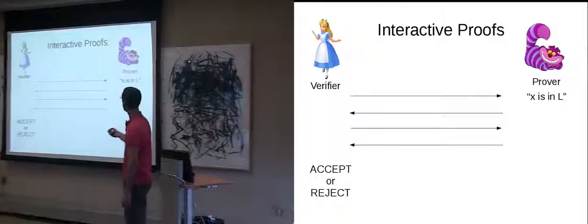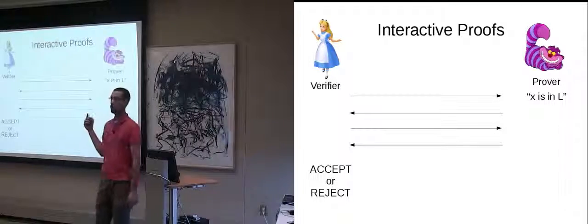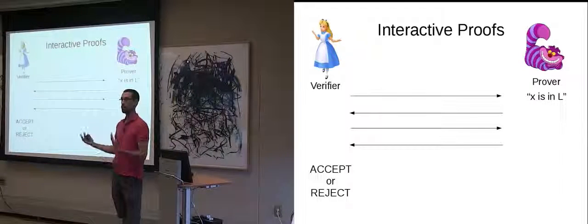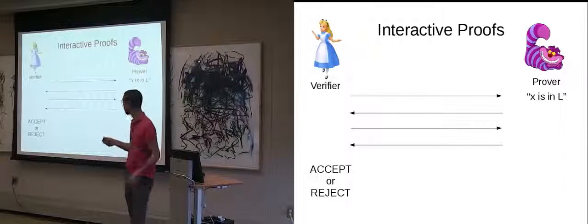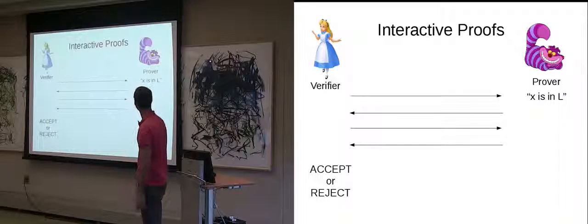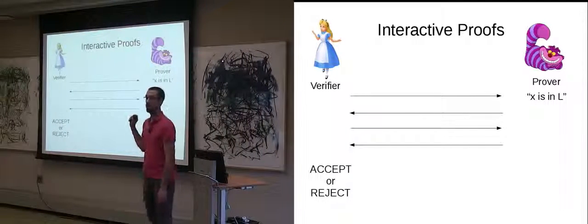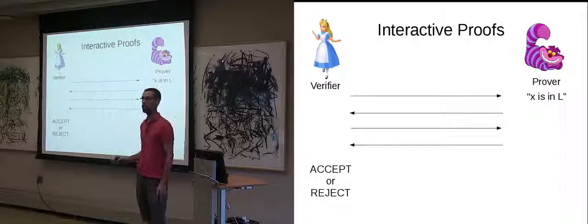These two entities have different amounts of resources, and they're going to collaborate in order to solve the problem. The prover is computationally unbounded, so we assume they can solve any computable problem in an instant.